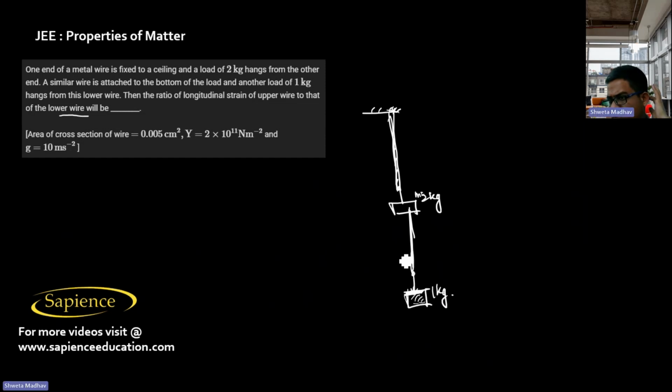The ratio of this longitudinal strain of the upper wire to that of the lower wire.